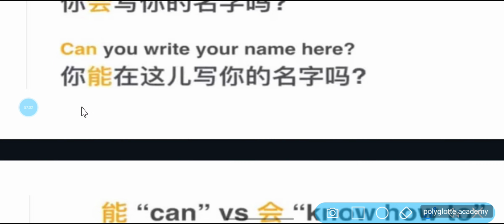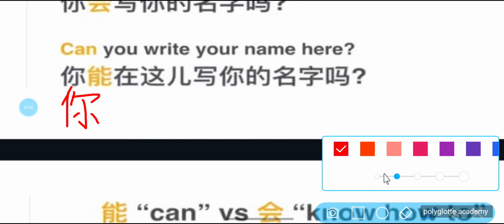We can write the character more clearly by writing this. So that is ni, which is you, and neng.